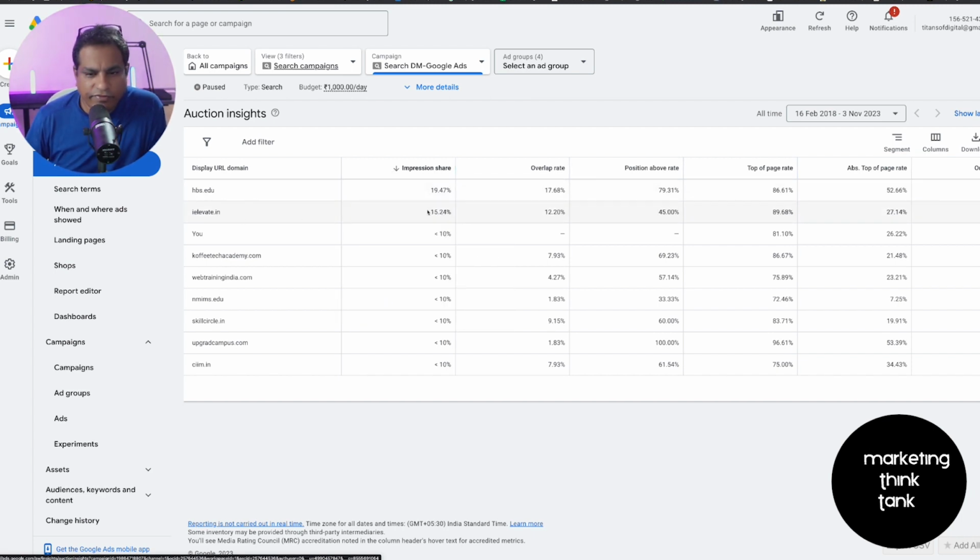Now, impression share is, let's assume that for the kind of budget settings I have, the kind of account structure, the kind of keywords I have included, the kind of ads I have written, and the kind of quality score I have, with all these factors taken into account, for my budget settings I was supposed to get about 100 impressions in normal circumstances.